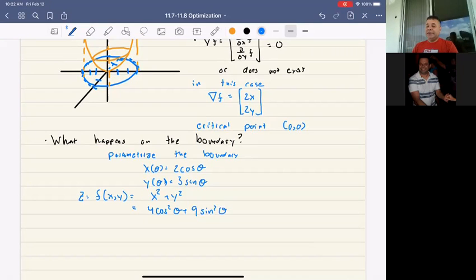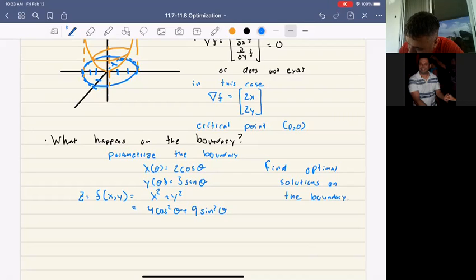Okay, now I want to maximize on the boundary. I want to find the optimal solutions on the boundary. So we're going to take the derivative.